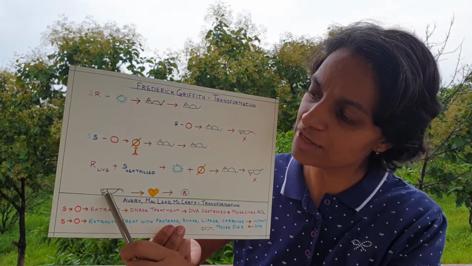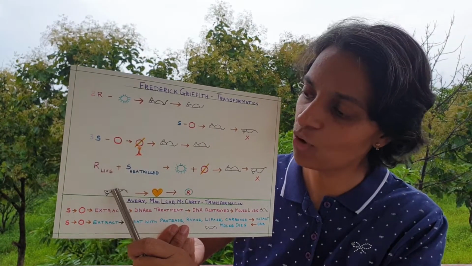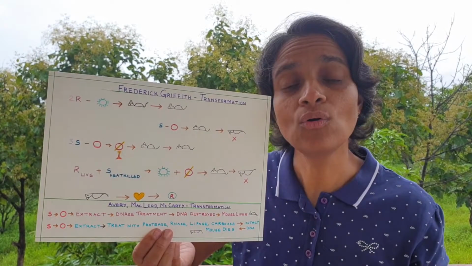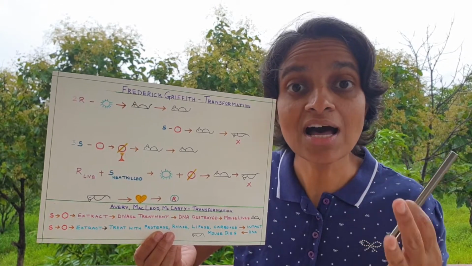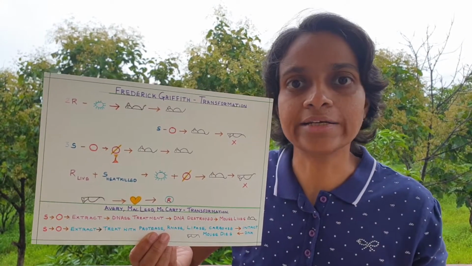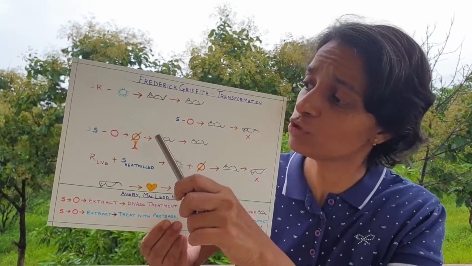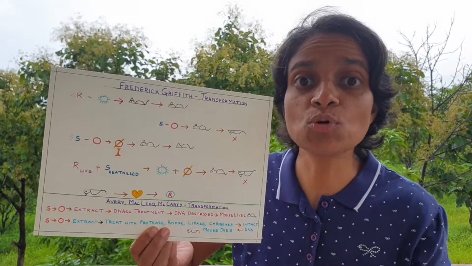And Griffith took the heart out of the dead mouse and saw that somehow the live R strain was converted to a smooth strain, converted to the virulent smooth strain.